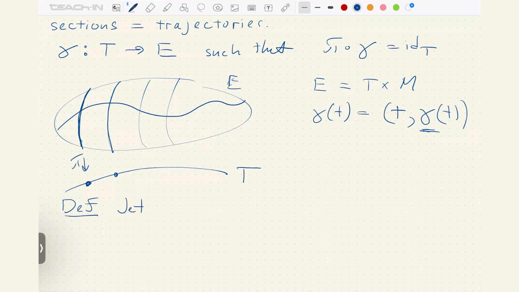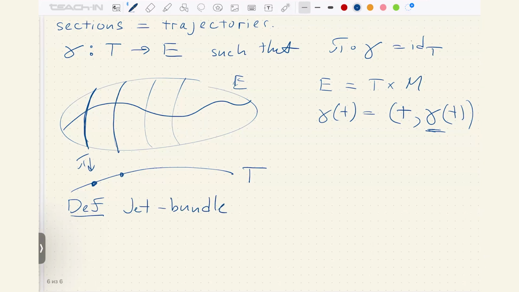So the jet bundle associated to our bundle E. There are different jet bundles associated to one E, and they are related by order k. It's roughly speaking the order of derivatives, as you will see shortly. So the jet bundle of order k is denoted J^k E. It's again a bundle over T.